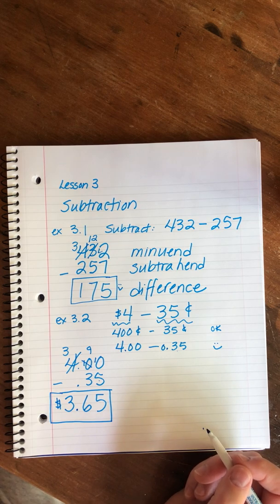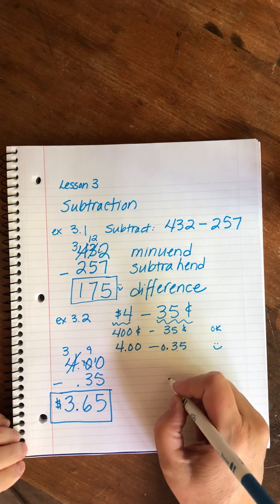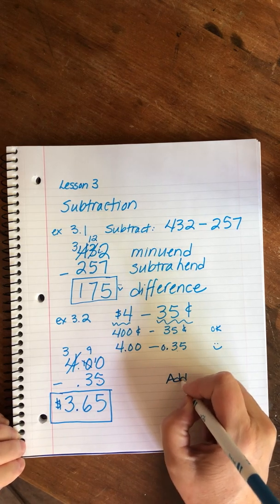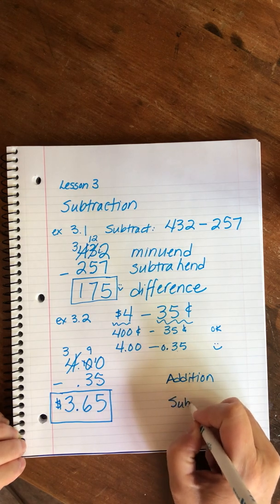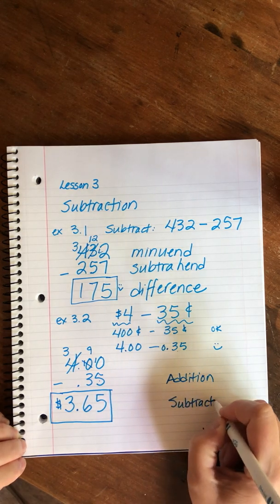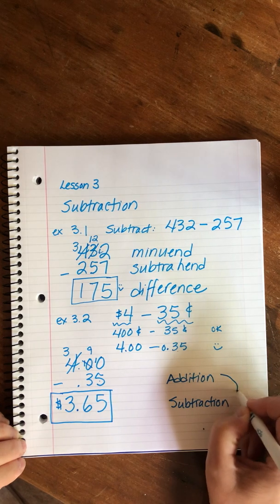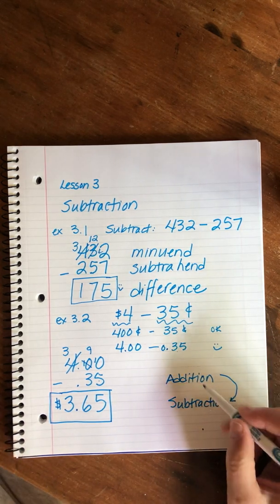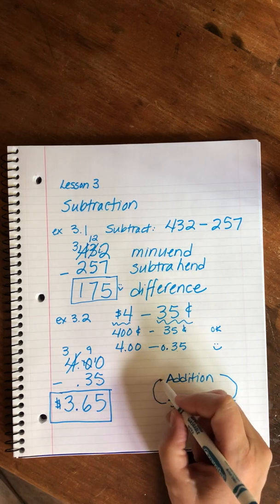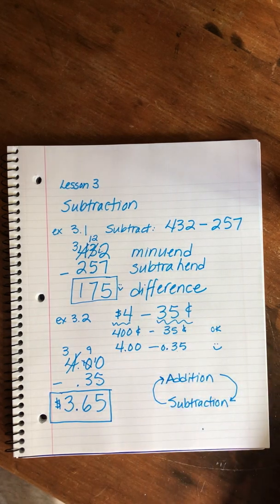What you may remember about subtraction is that it has a special relationship to addition. The way my brain naturally says it is that they undo each other, right? Subtraction undoes addition, and addition undoes subtraction.